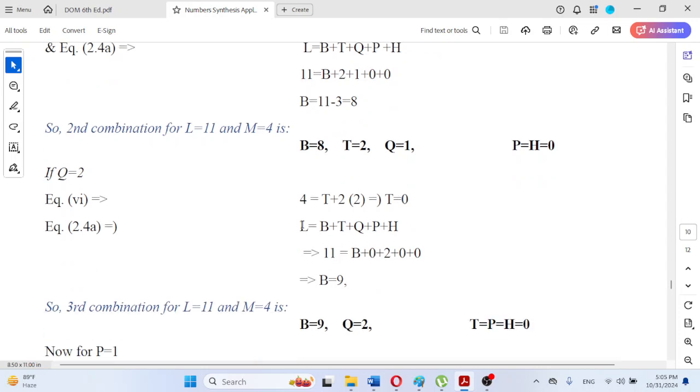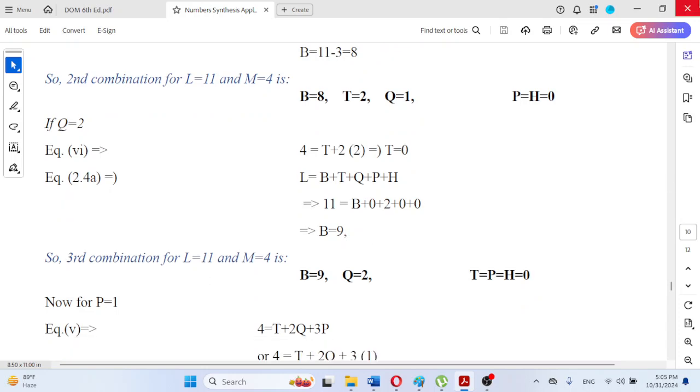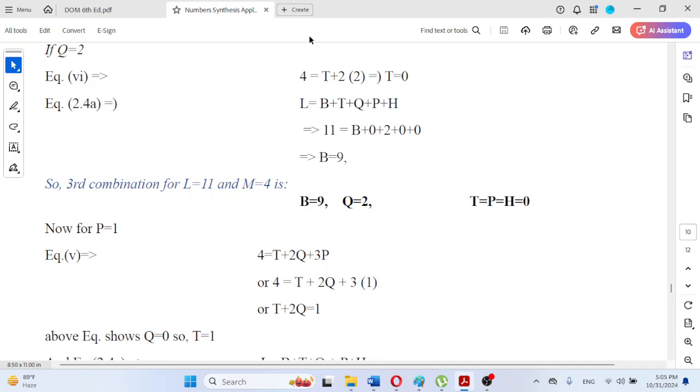So the other equation will be giving the number of binary links. As we can observe, there are 2 quaternary links. So 11 minus 2 will be equal to B is equal to 9. So the third combination for L is equal to 11 and M is equal to 4 is 9 binary links, 2 quaternary links, and ternary, pentagonal and hexagonal links must be 0 in that combination.